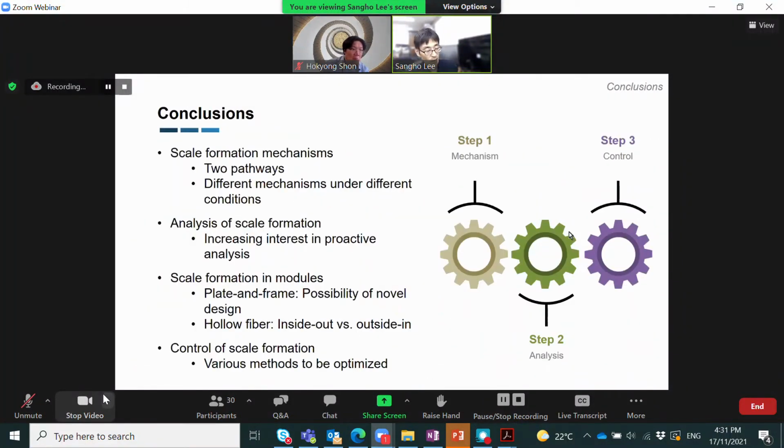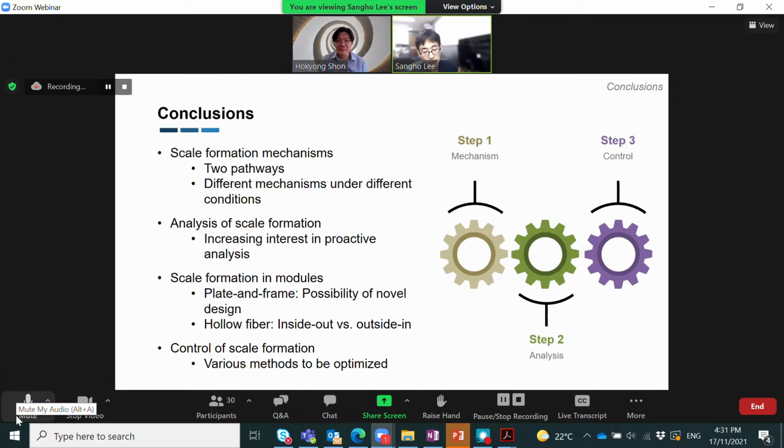Okay, so that's the last slide. As I already told you, for scale formation, we first needed to understand the mechanisms, and we have to understand that there are two pathways, and depending on the mechanisms, we need different solutions for taking care of those problems. And the analysis of scale formation is important because based on this information, we can take care of the problem.